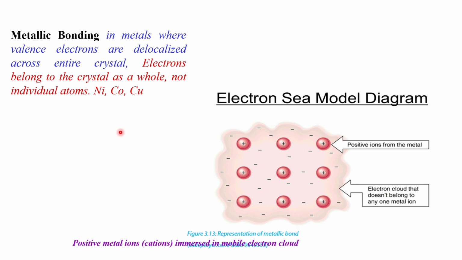Now, moving to the other type of bonding, metallic bonding. Metallic bonding occurs when valence electrons are not localized with specific atoms but are instead delocalized over the entire crystal. It seems like the positive ions are immersed in a sea of mobile electrons.